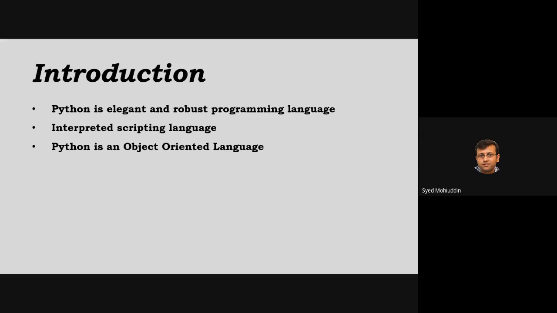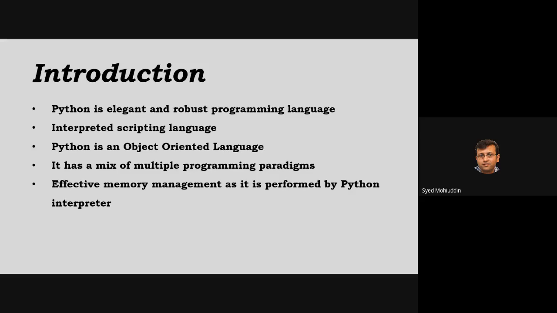Actually, in Python, everything is treated as an object. Even if you declare a variable, it is treated as an object in Python. So variable and object are synonymous in terms of the Python programming language. Python is developed taking the advantages of multiple programming languages, and it follows a mixture of different programming paradigms.